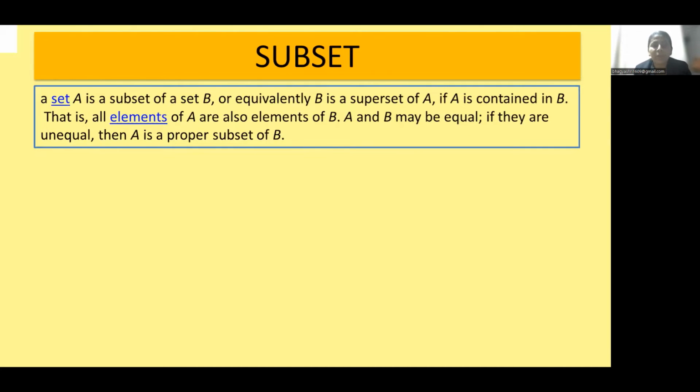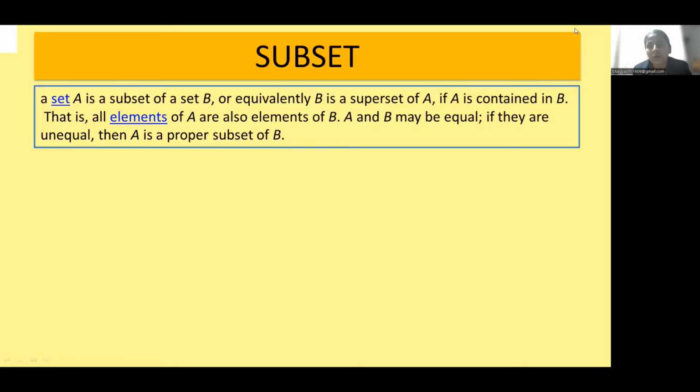Then next point is subset. A set A is a subset of set B, or equivalently, B is a superset of A, if A is contained in B. That is, if all elements of A are also elements of B, then A and B may be equal, or inside B there are some extra elements.